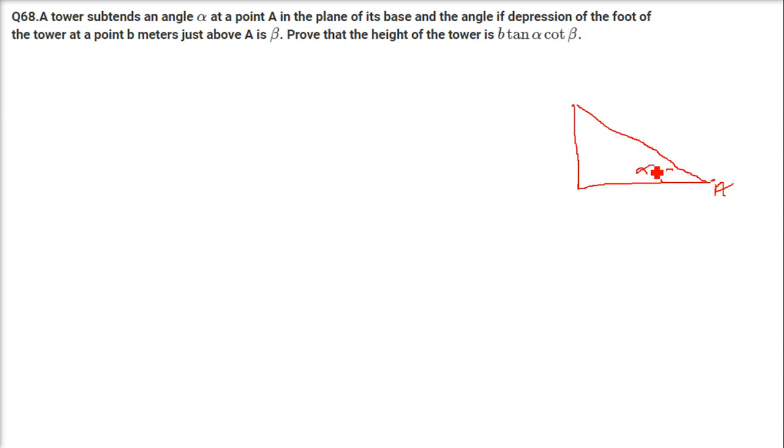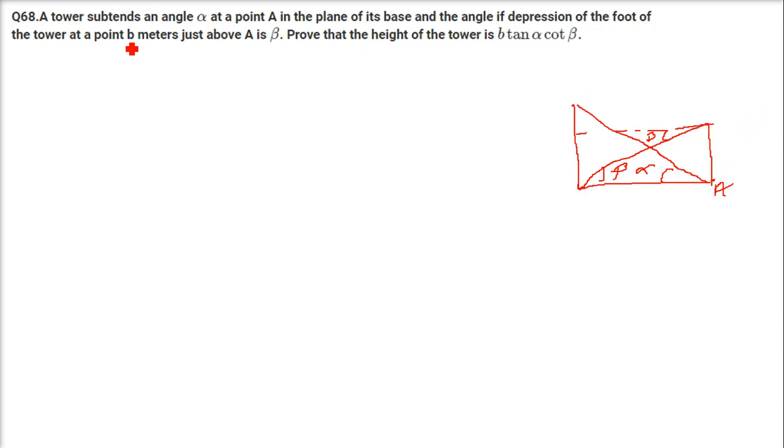This is angle alpha, and the angle of depression of the foot of the tower at a point B. So this is B just above A, and this is the angle of depression. This is beta actually. So with the diagram, this will also be beta.